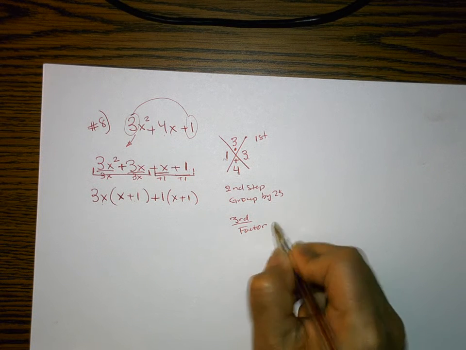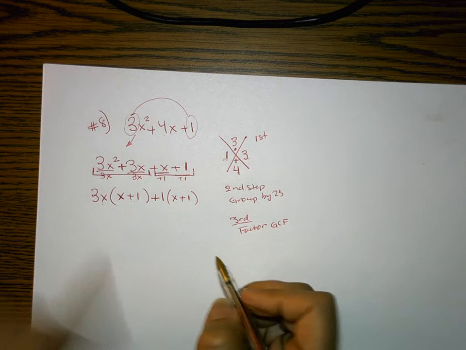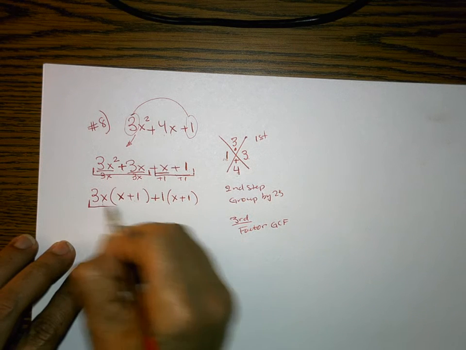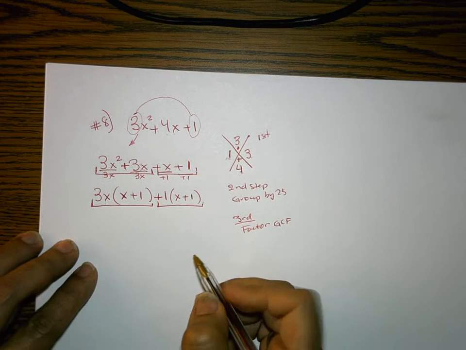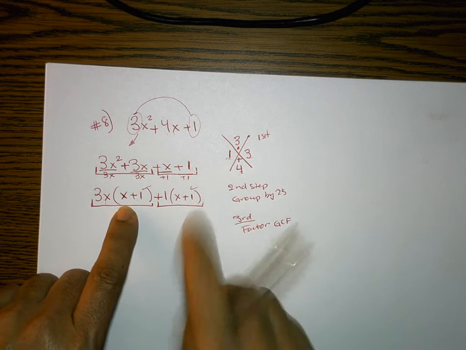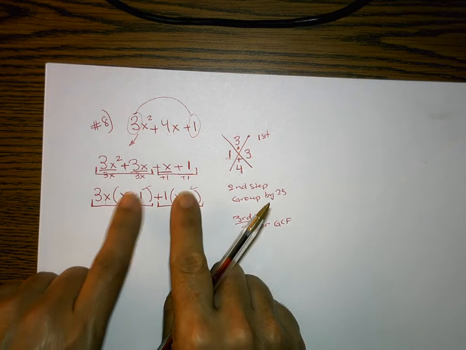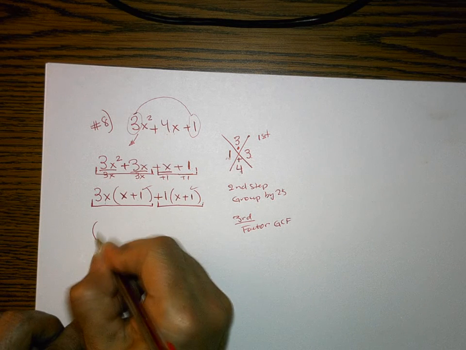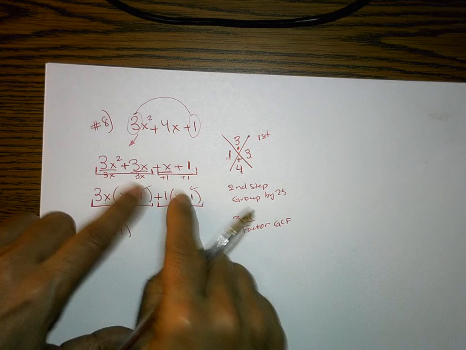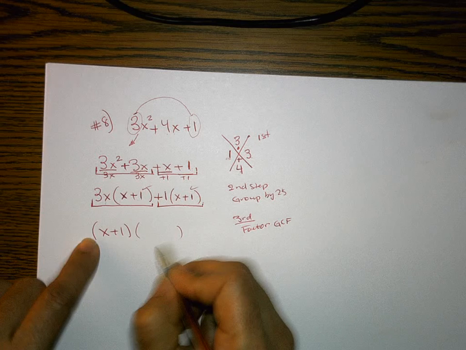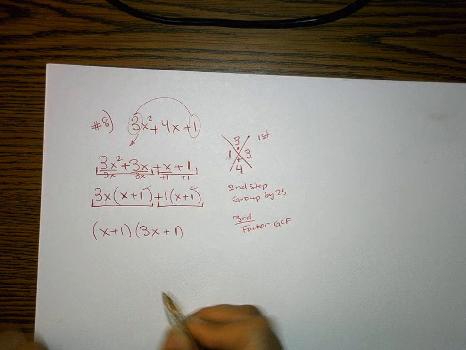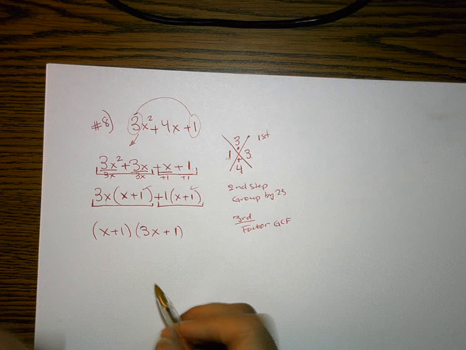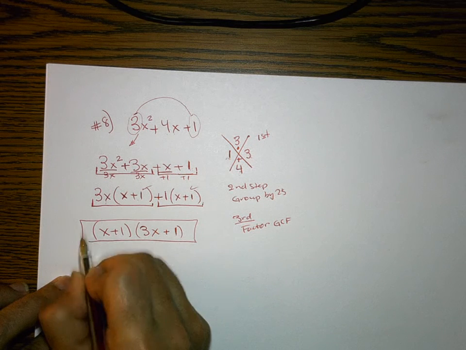You factor the greatest common factor between these 2 terms again. The first 2 and the last 2 have something in common, the factor x plus 1. So when I factor out the x plus 1, the leftover is 3x plus 1. And there is the answer for this factoring.